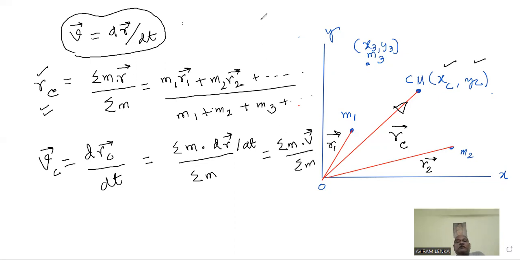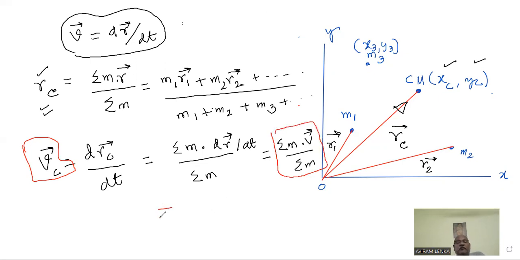Let me make it systematic. The velocity of the center of mass can be found by using this formula, sigma m into v by sigma m.